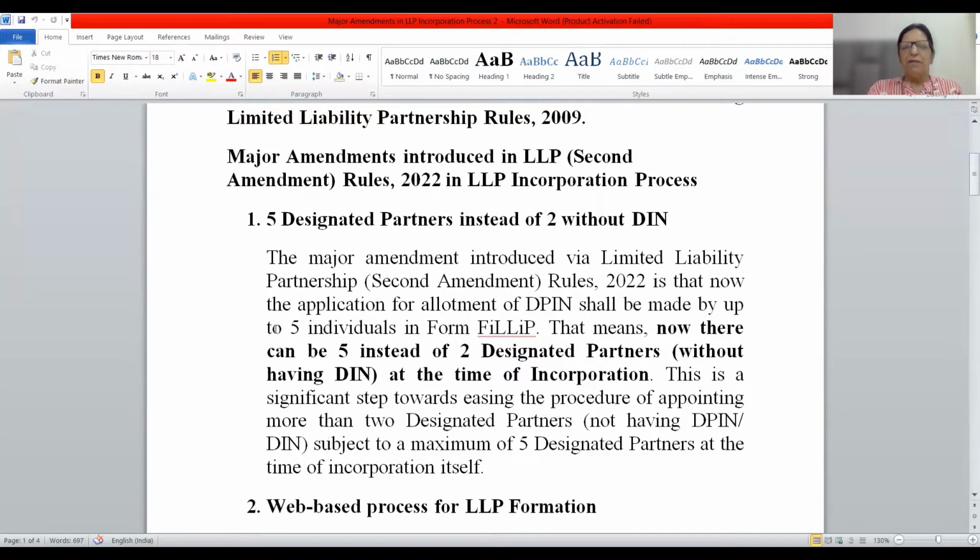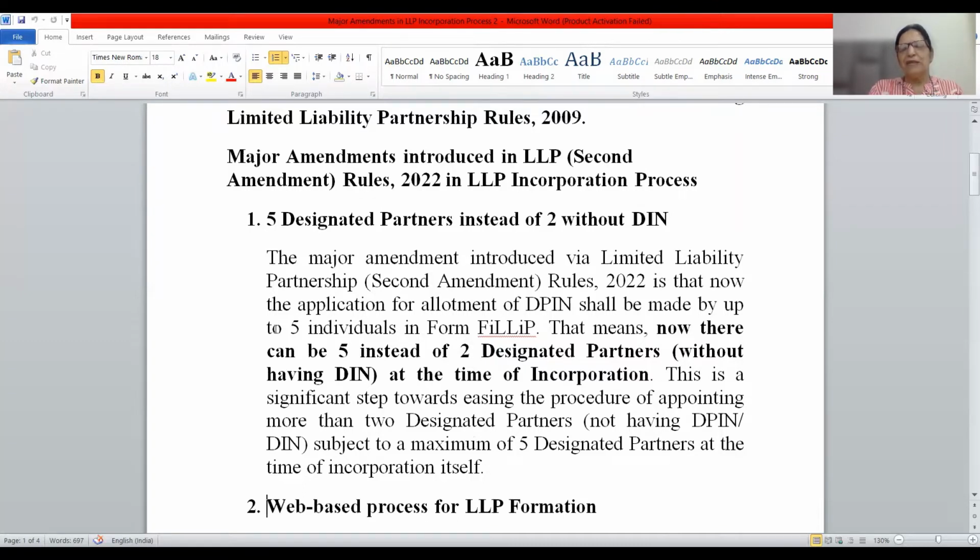The major amendment introduced via the LLP Second Amendment Rules 2022 is that now the application for allotment of DPIN shall be made by up to 5 individuals, so maximum 5 individuals, in form FiLLiP. This means now there can be 5 instead of 2 DPs without having DIN at the time of incorporation. Earlier there were 2 and now up to 5.